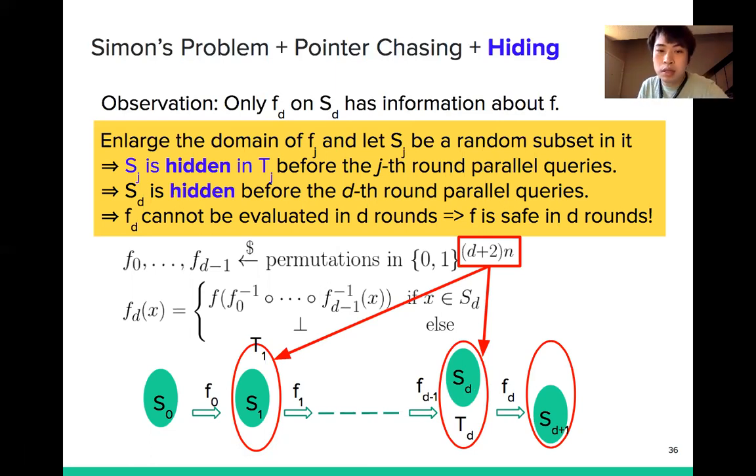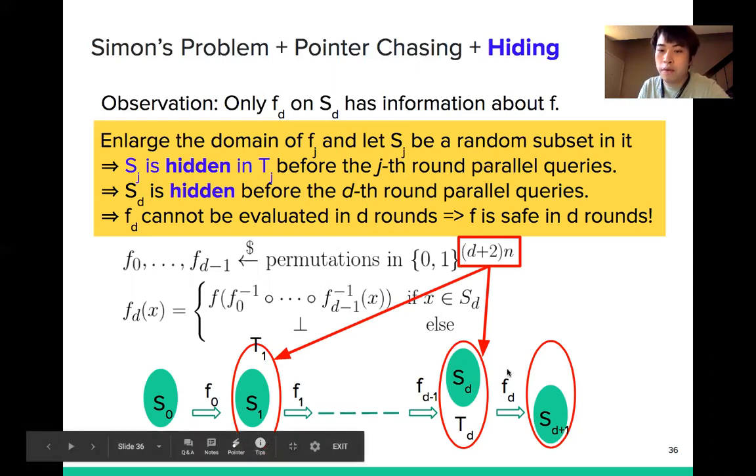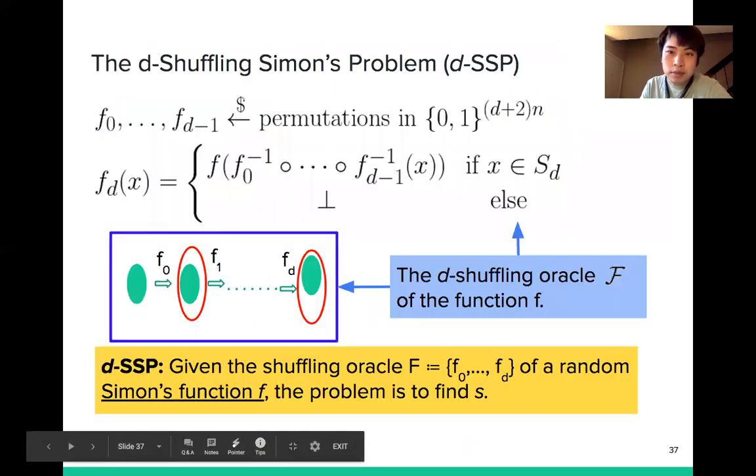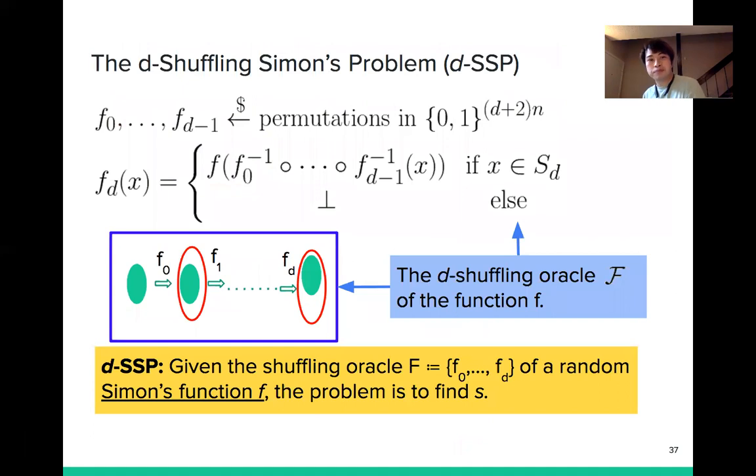Okay. Now it looks like we must use d plus 1 sequential queries to compute fd on Sd. So this is our problem. We call this the d-shuffling Simon's problem. The problem is that given f, we use this construction, which I call the d-shuffling oracle, capital F, of the function f.